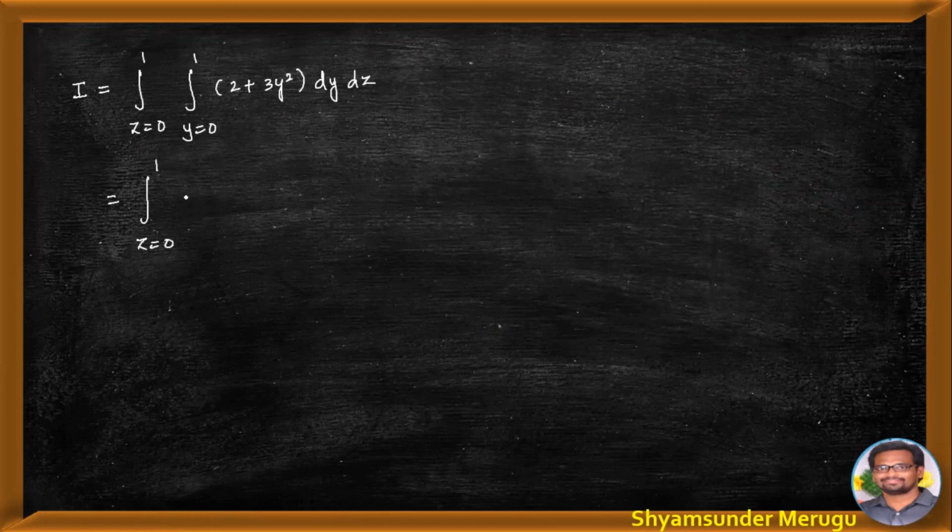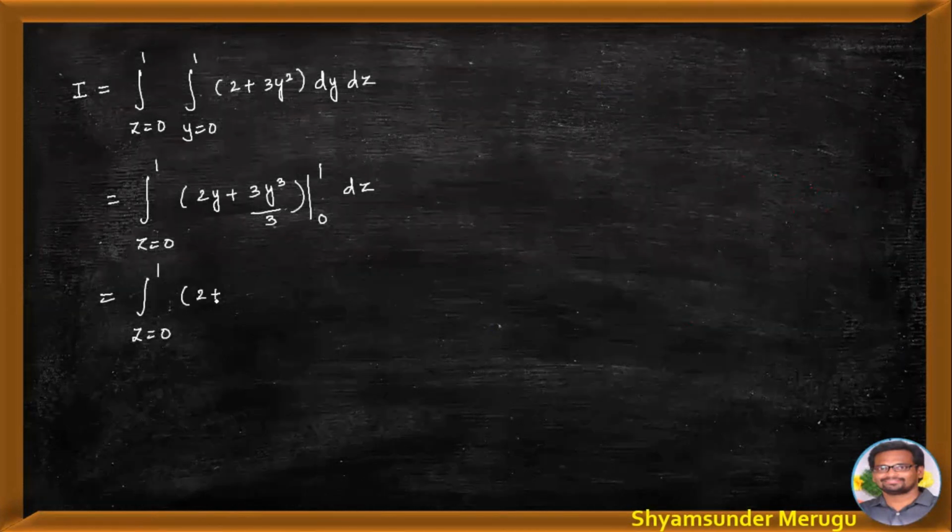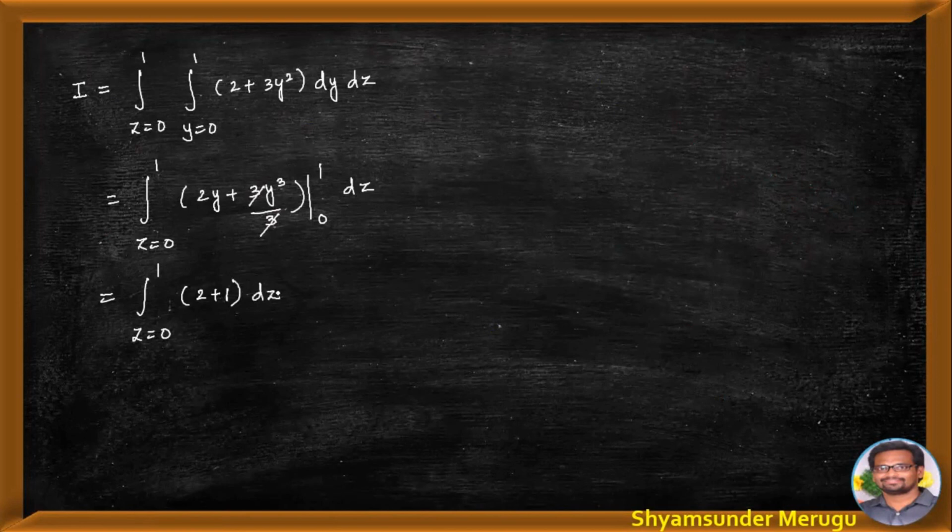Now integrating with respect to y, we get integration z equal to 0 to 1 of 2y plus 3y cubed over 3, and the limits are 0 to 1, and then dz. Now substituting the upper limit and discarding the lower limit as it is 0, we get integration z equal to 0 to 1 of 2, then the 3s cancel and we are left with 1, and it is dz.